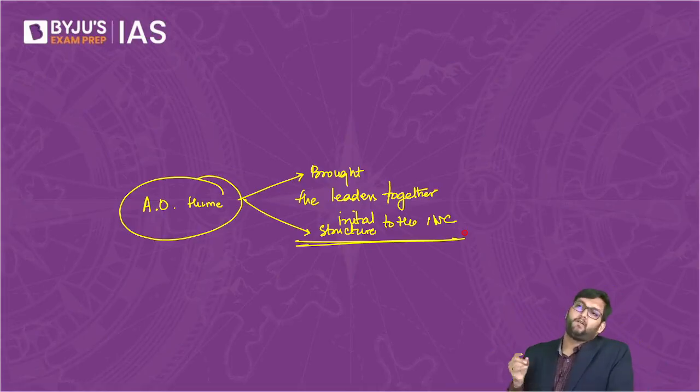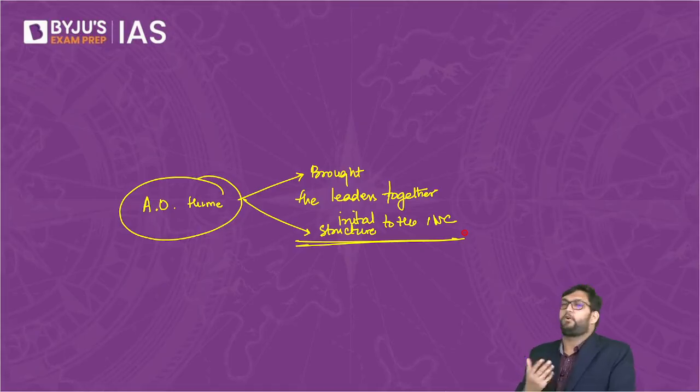Now, there was already a need for a nationalistic body, which was pan-Indian, all-Indian. And the smaller bodies, which were all across India, were not able to serve the purpose. But when the INC is formed, it's an innocent body.